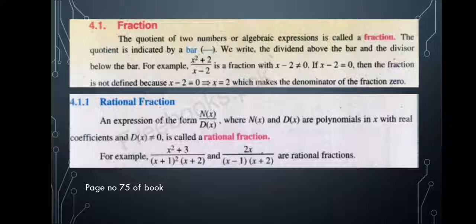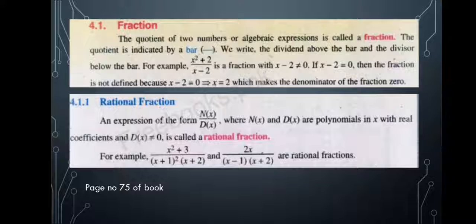What is fraction? The quotient of two numbers or algebraic expressions is called a fraction. Quotient of two numbers, you have definitely done it in the junior classes. How to find out the quotient of two numbers? When we have to divide the two numbers.